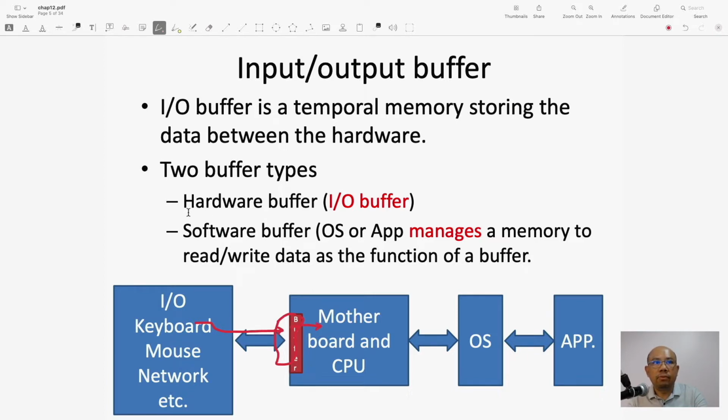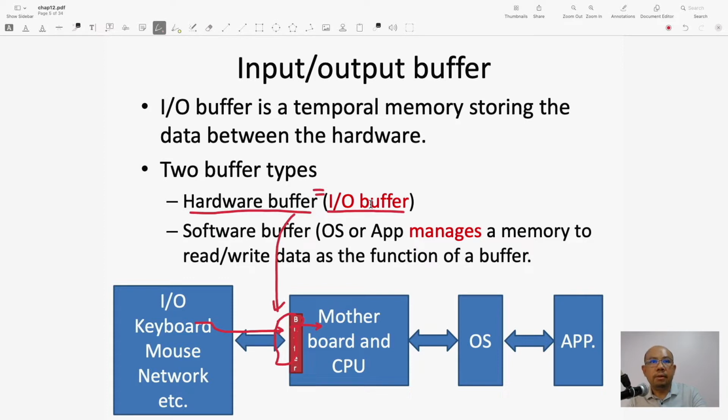Here, this buffer we call the hardware buffer. Most of the time, the word buffer means the hardware buffer. Sometimes it is also called the I/O buffer, which has the same meaning as the hardware buffer.